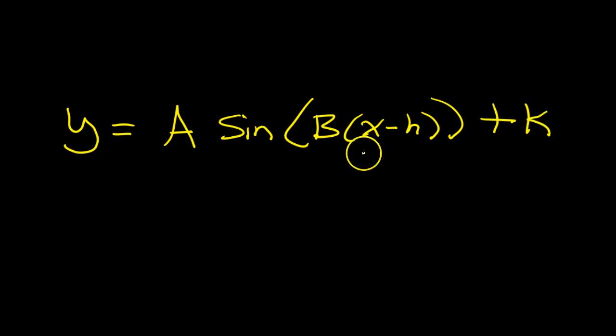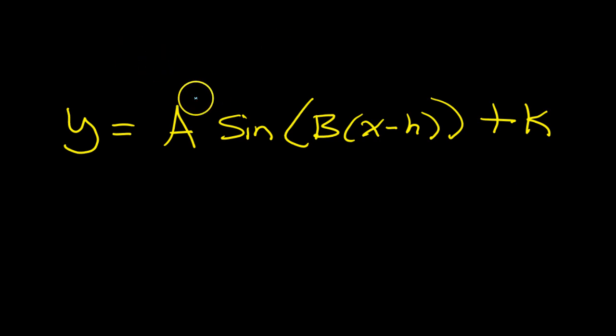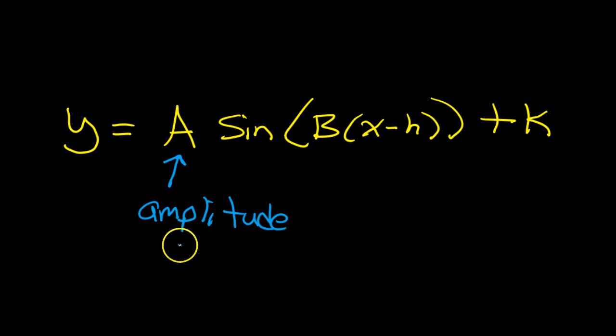All right, this is a sine function with everything on it. Let's talk about what each of these things does. This a controls the amplitude. All right, the amplitude is going to be the absolute value of a.